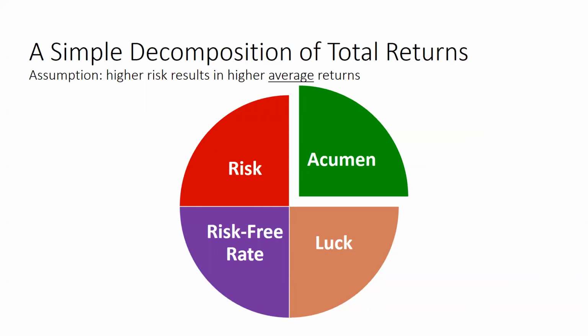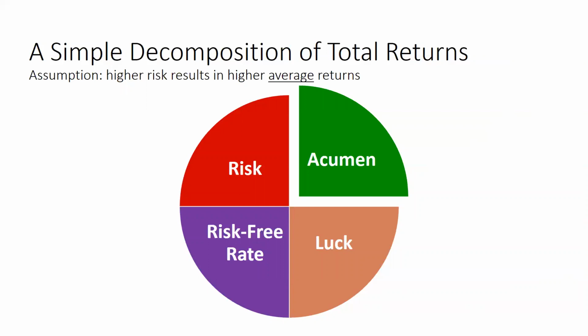We believe that one of the fundamental principles of investing, finance and economics is that risk requires compensation. Therefore, in the long run, on average, somebody who takes on higher risk should have higher average returns. How does that translate into this decomposition of total returns for an actively managed portfolio?